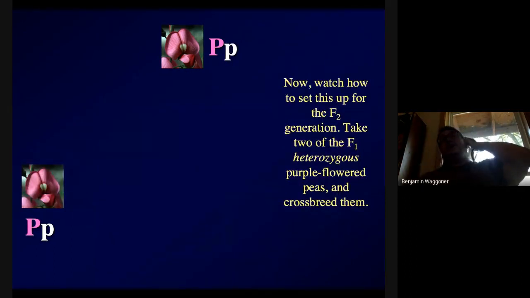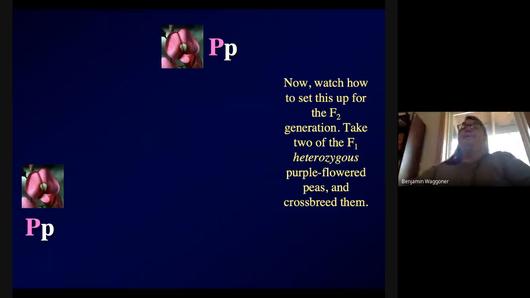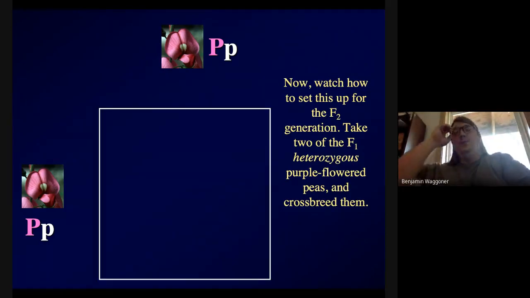Let's set this up for the F2 generation. So at the top of our square, we'll put one of the parents, doesn't matter which, is carrying the combination of alleles big P, little p. That parent is heterozygous. To the left of our square, the other parent is also carrying big P, little p, right? That parent is also heterozygous.